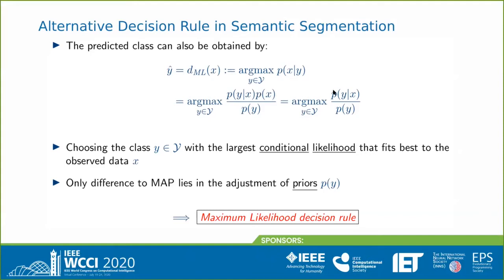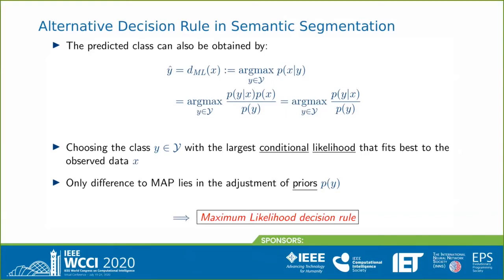So what remains is the posterior probability divided by P(y). P(y) is also known as the prior. That's the only difference between the MAP principle and the maximum likelihood decision rule. With the maximum likelihood decision rule, we choose the class with the largest conditional likelihood. That means we choose the class that fits best to the observed data X.